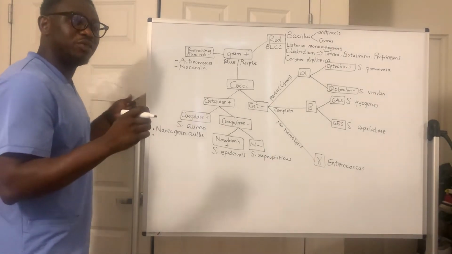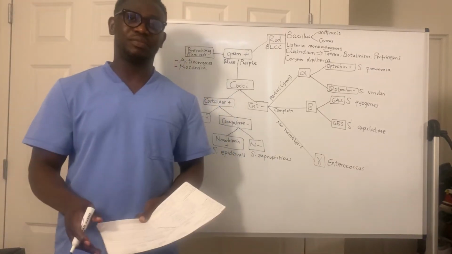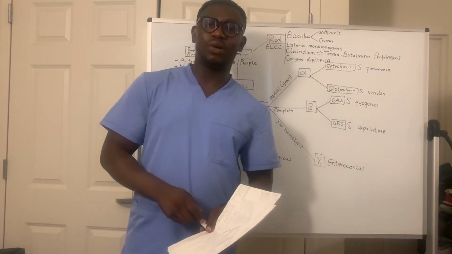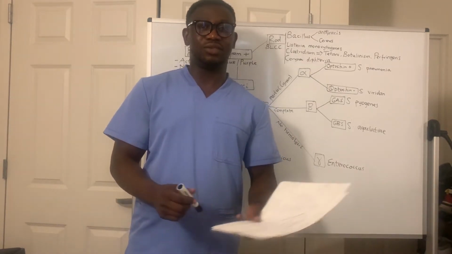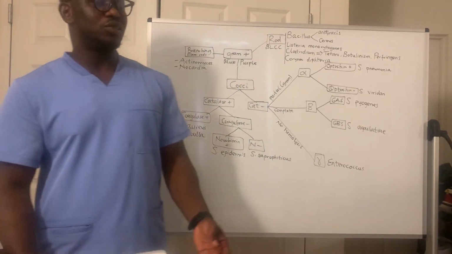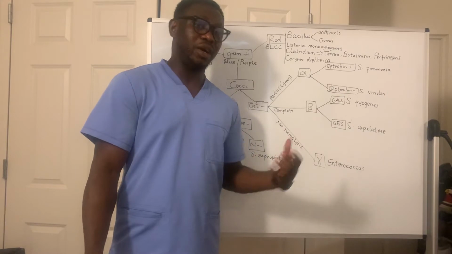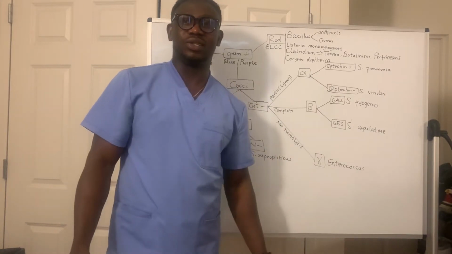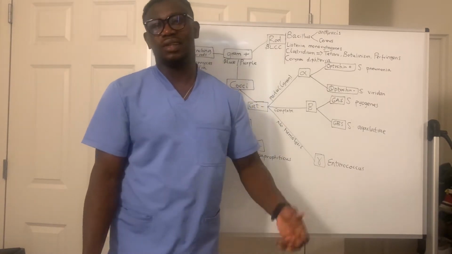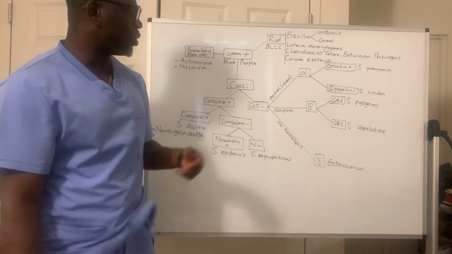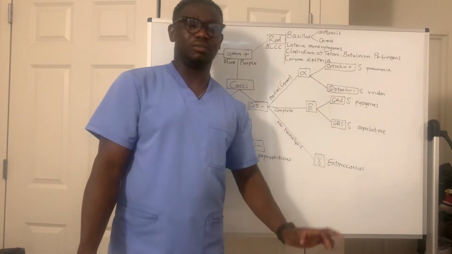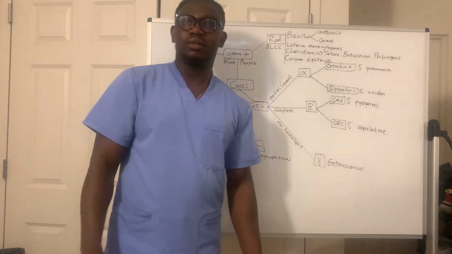Every bacteria develops some form of resistance against drugs, right? Most of the time when we use antibiotics on these bacteria, they also develop some form of resistance against the antibiotics. Antibiotics will be covered in an entirely different lecture.